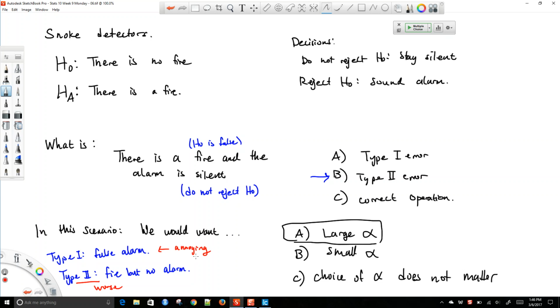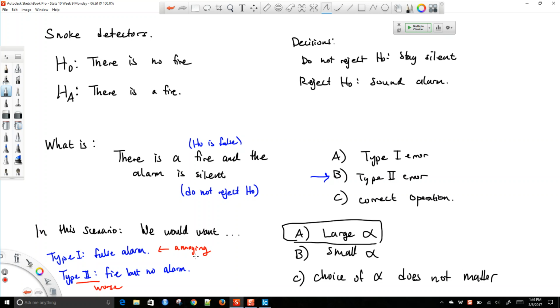So in this scenario, if we had to choose between making a type 1 error or a type 2 error, we would rather make the type 1 error. We would rather make our alarms overly sensitive and a little bit annoying than the other way around. Imagine a mission to make alarms that will never annoy you, but you might suffocate in a fire.